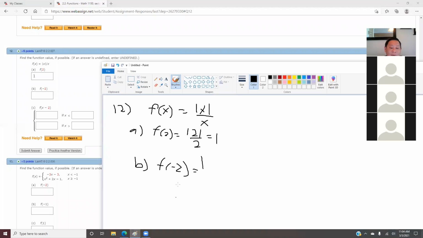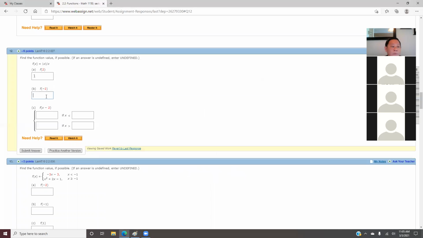Then the next one is f of -2. So you plug in -2 for all your x. Now don't forget the absolute value of -2 is 2, but the denominator is still -2 because there's no absolute value there. So what is that going to give you? -1, yep.